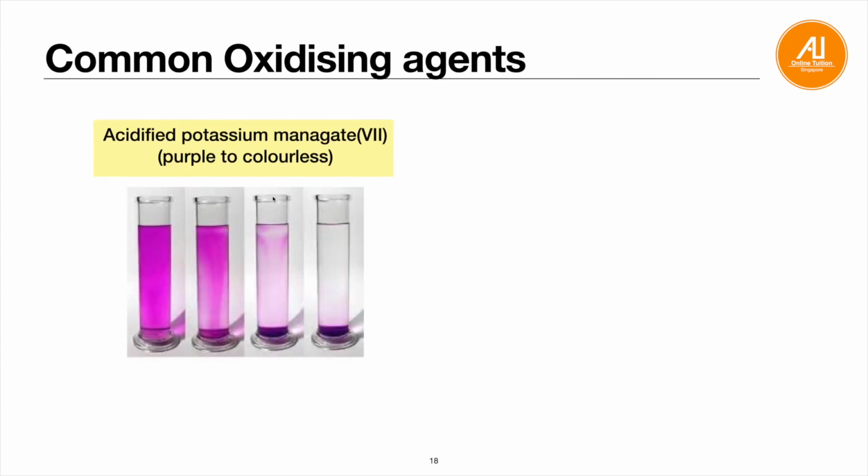So this is the one that I mentioned just now: acidified potassium manganate(VII). It will change from purple to colorless. Take note, it will only change color when it's added to a reducing agent. So if you add acidified potassium manganate(VII) into an unknown solution and it changes color from purple to colorless, what does it tell you? It tells you that the unknown solution must be a reducing agent.